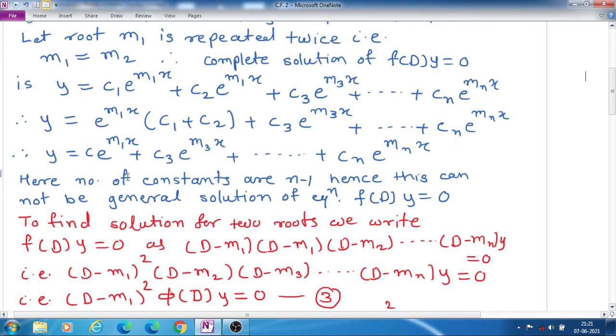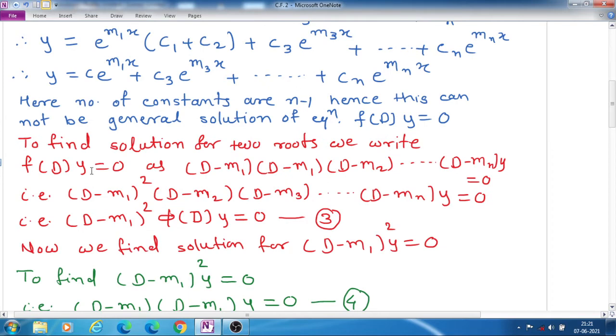That means now in this equation there are n minus 1 constants, and you know the general solution of any differential equation must contain arbitrary constants equal in number to the order of that equation.